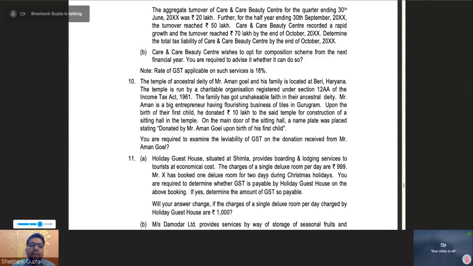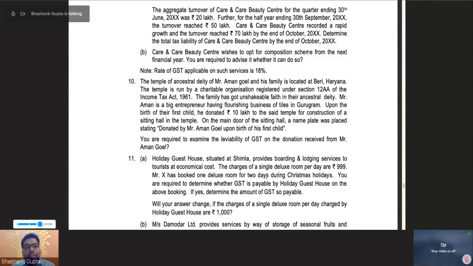So now let us read the question. The temple of the ancestral deity of Mr. Aman Goyal and his family is located in Haryana. The temple is run by a charitable organization registered under Section 12AA of the Income Tax Act. The family has unshakable faith in their ancestral deity.